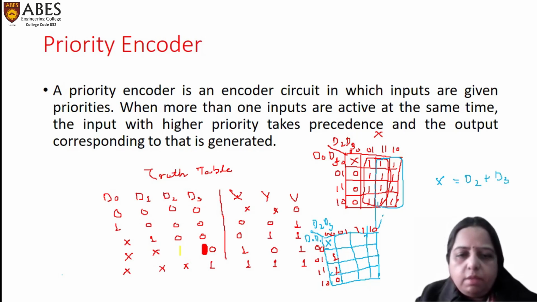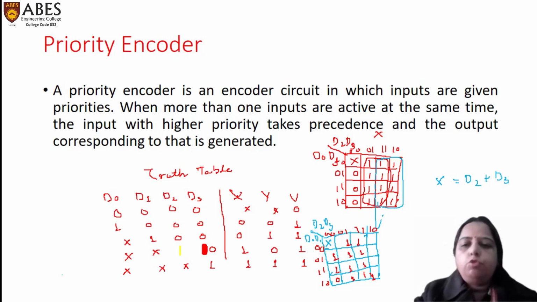So at these places, that is 0001, and then all these other places, we have 1s. Here in this case also, we have two groups.